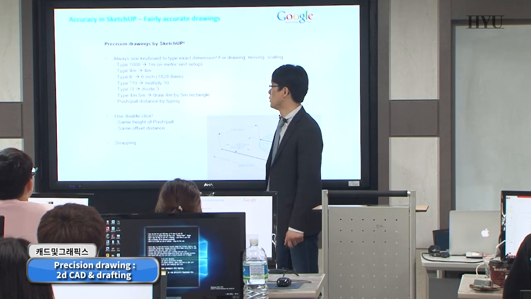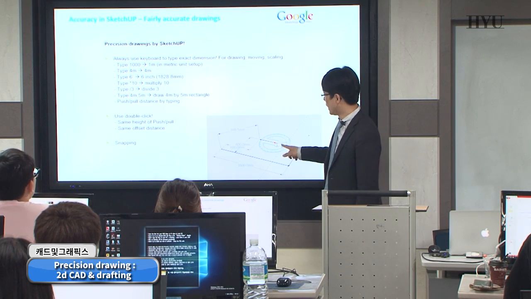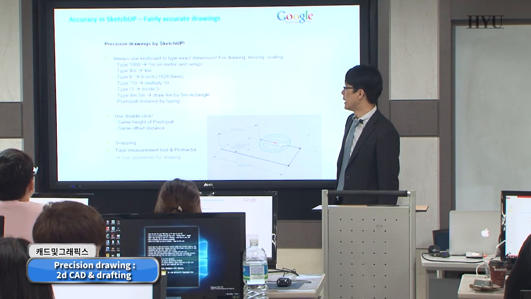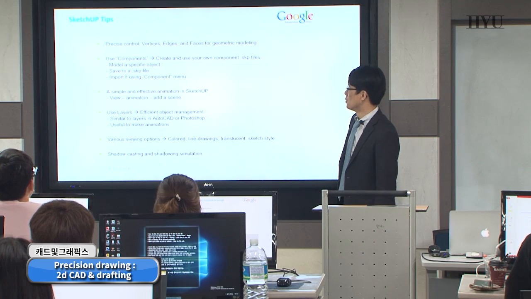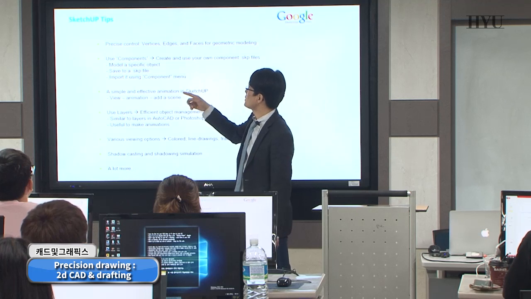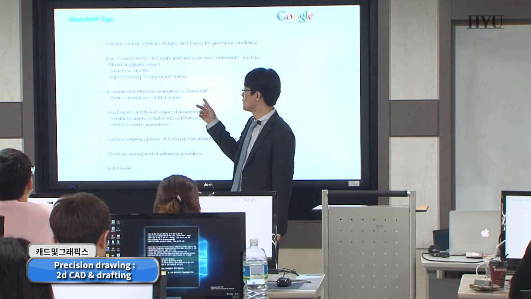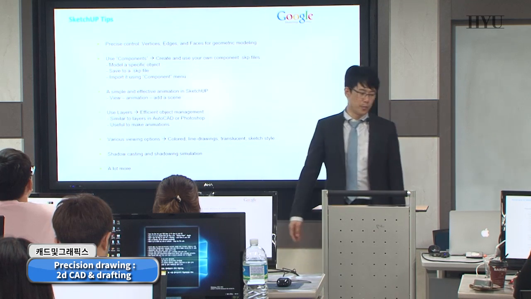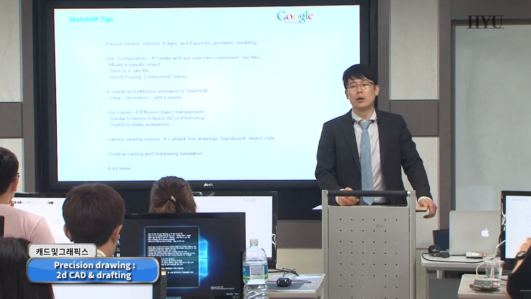Today we're also going to deal with this part: double click, push pull, distance, snapping, and the tape measure tool or dimension tool, as well as some more, okay? Precise control of vertex, edge, face, components, different views, animation views, scenes, layers, different viewing options, shadow casting, and a lot more.